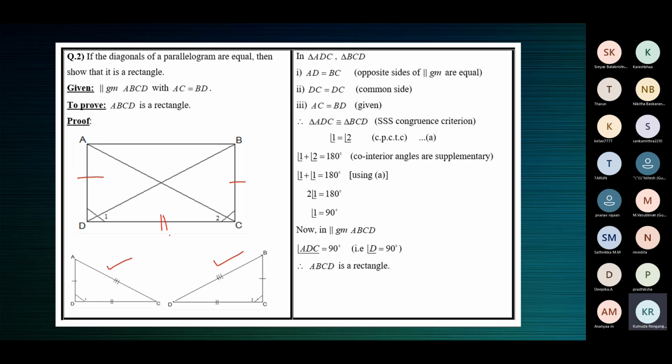And we are given that AC is equal to BD, because the diagonals are equal. So these two triangles are congruent by SSS congruence criterion.